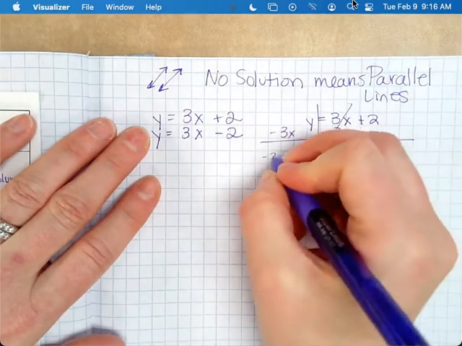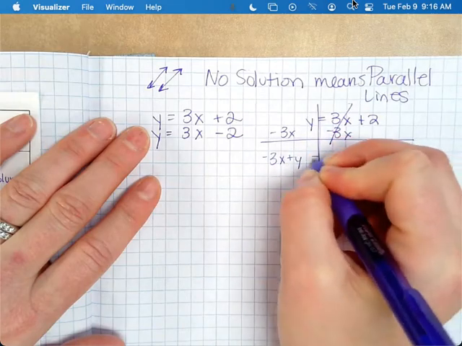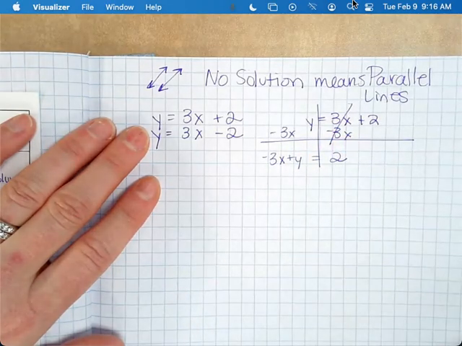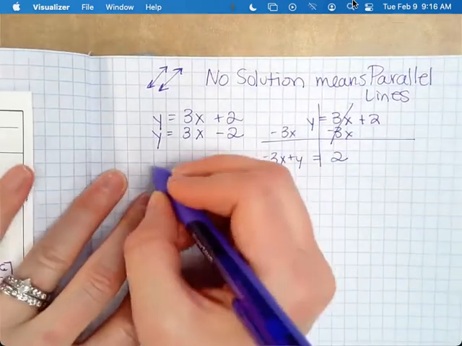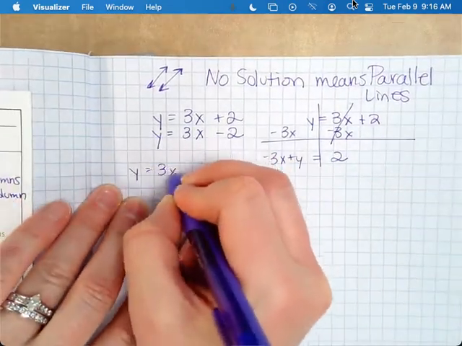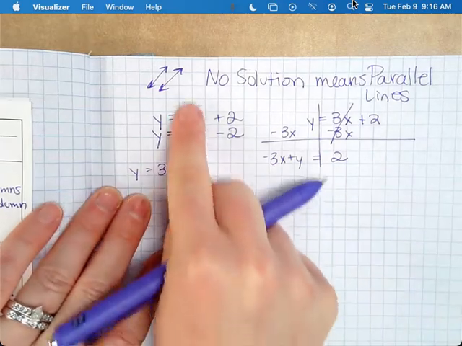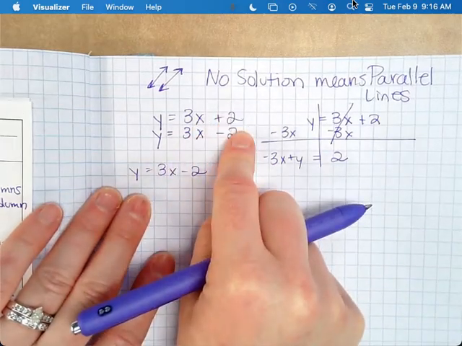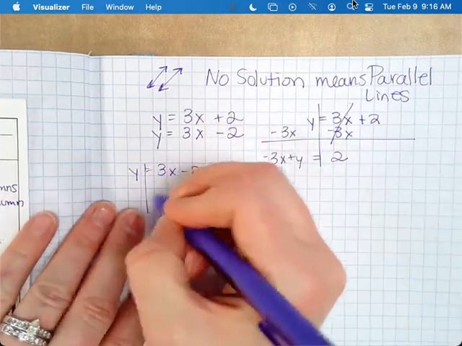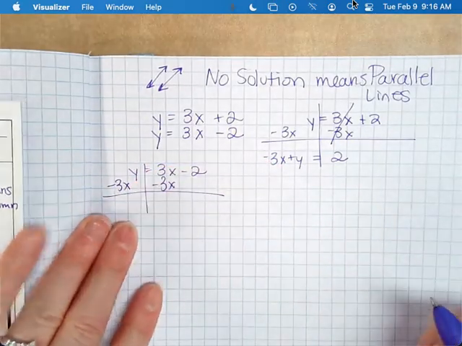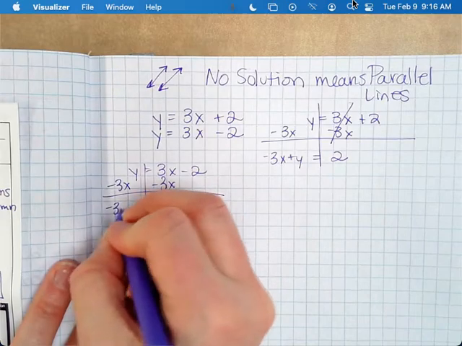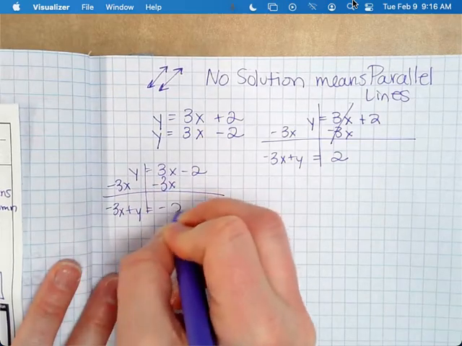And we get negative 3x plus y equals 2. And then the other one, so these are the same slope but different y-intercepts. They're going to be parallel. So minus 3x on both sides. And we get negative 3x plus y equals negative 2.